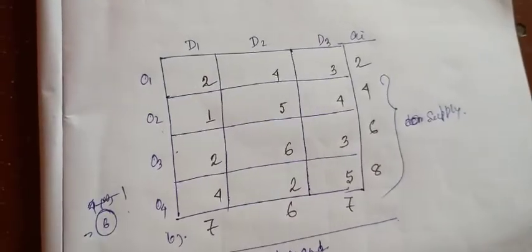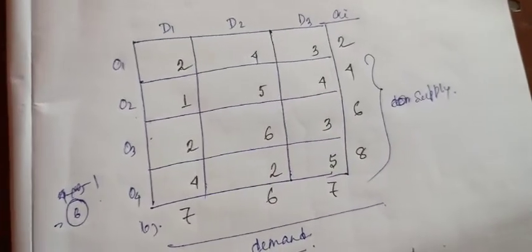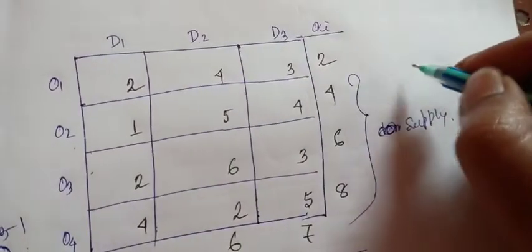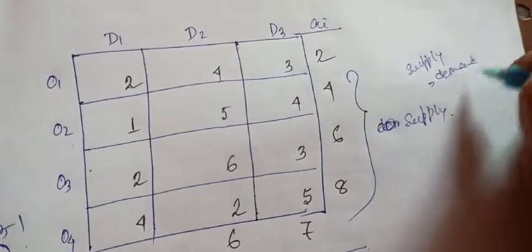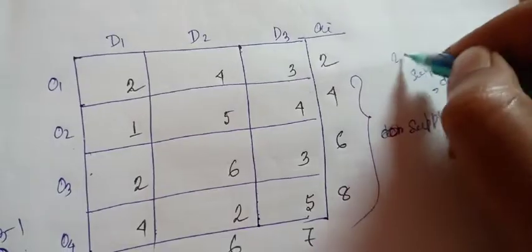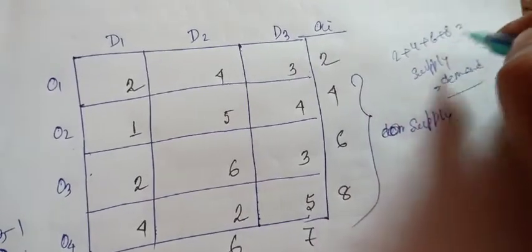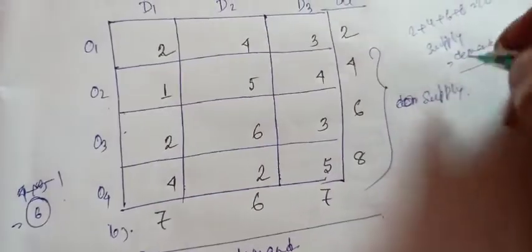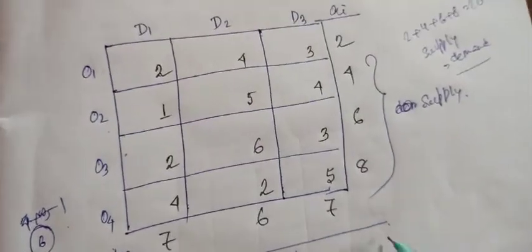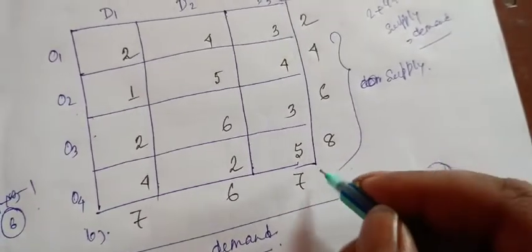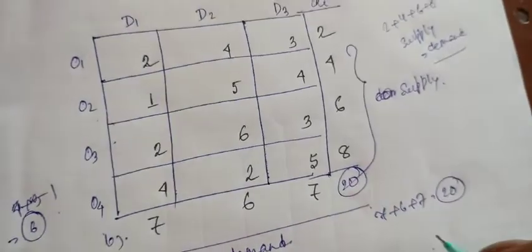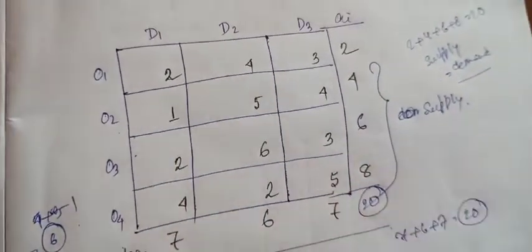Before solving by the matrix minima method, we have to check whether the transportation problem is balanced or unbalanced. Balanced means the supply is equal to the demand. The total supply is 2 plus 4 plus 6 plus 8, which is 20, and the demand is 7 plus 6 plus 7, which is also 20. Both are the same, so this is a balanced problem.